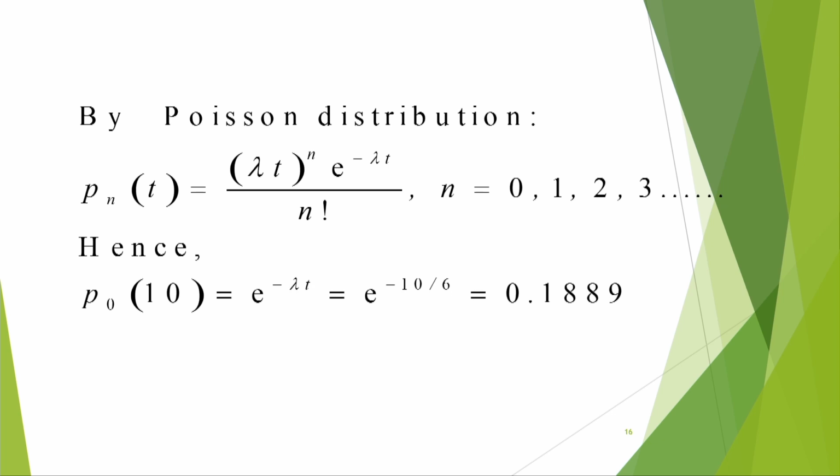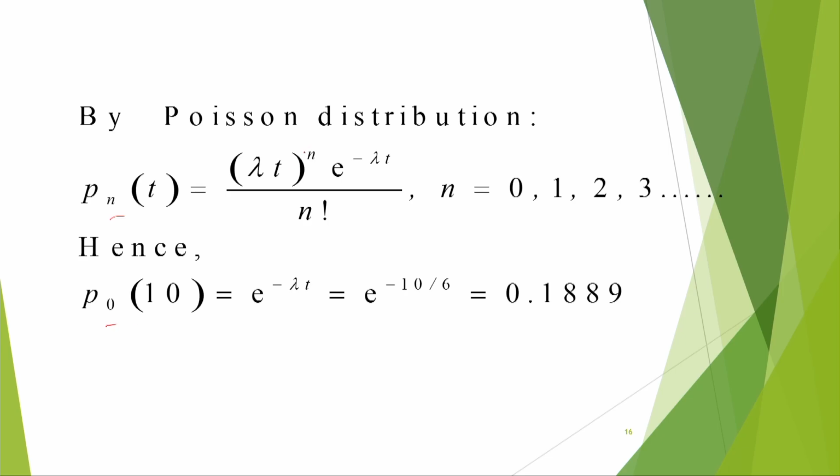This tells what is the probability of n number of customers in the system. So, here you put t is equal to 10. So, P0 of 10, this is n is 0. So, P0 means there is no customer in the system, that means in the system there are 0 customers.